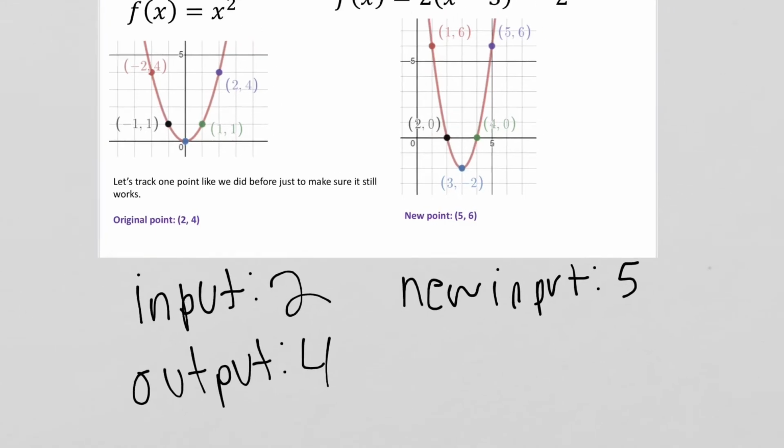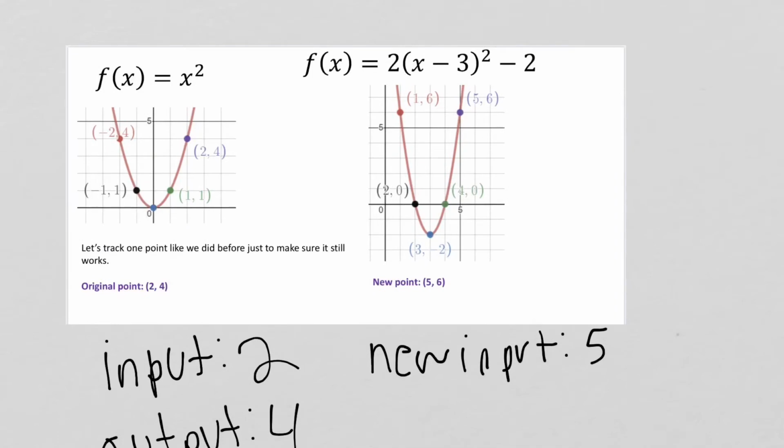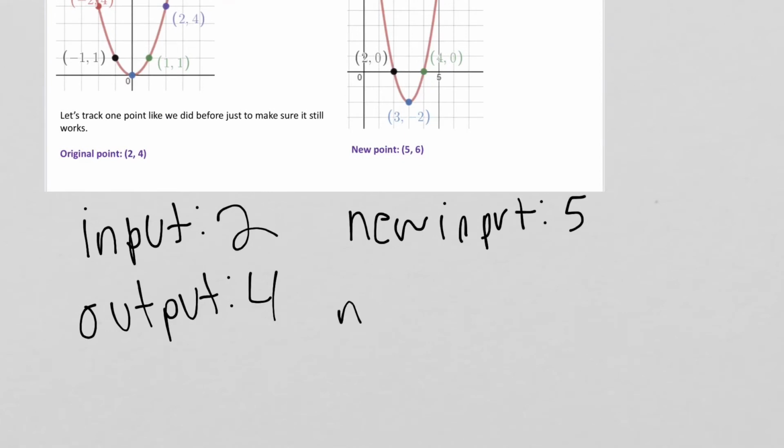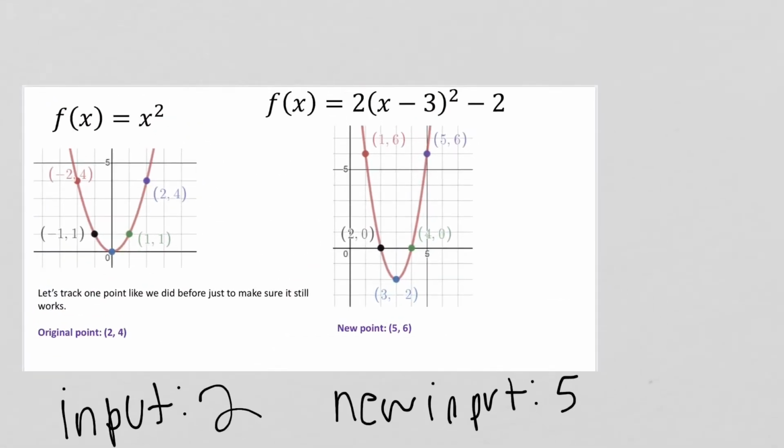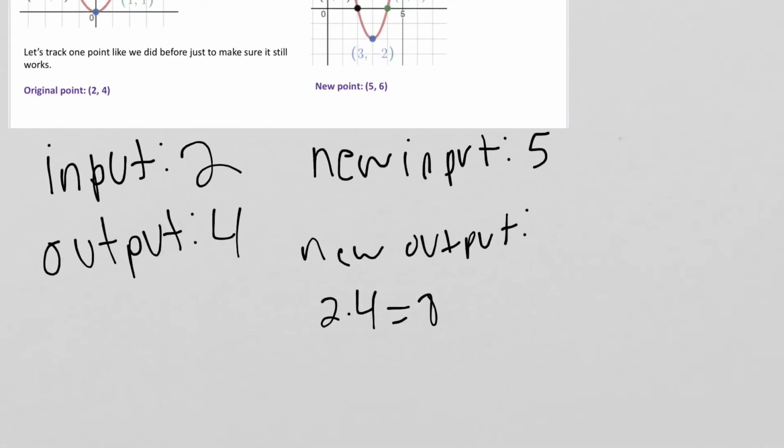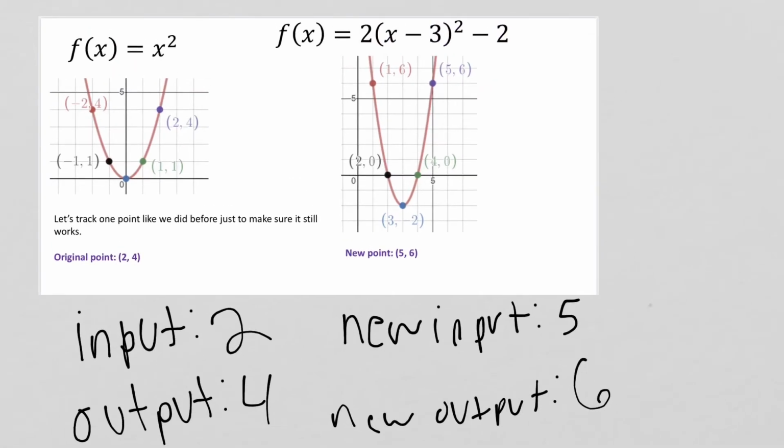The outputs get multiplied by 2, and then we subtract 2. So we do 2 times 4, which equals 8. And then after we multiply it by 2, we now have to subtract 2. So we do 8 minus 2, which equals 6. So then our new output is 6. So we can see how that point at (2, 4) got shifted to (5, 6). Okay, (2, 4), now (5, 6).